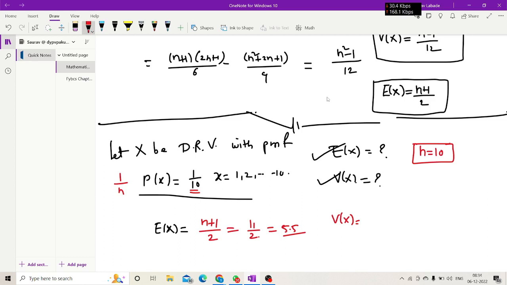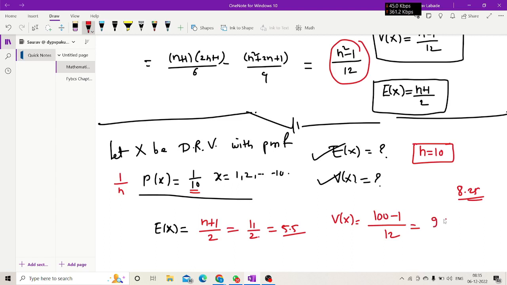Yes. Okay, 8.25. You have given the exact figure, 8.25. Yes. So how are we finding that? Again, just use the formula n square minus 1 by 12. Just substitute the value. So n square is 10 square, 100, minus 1, divided by 12.